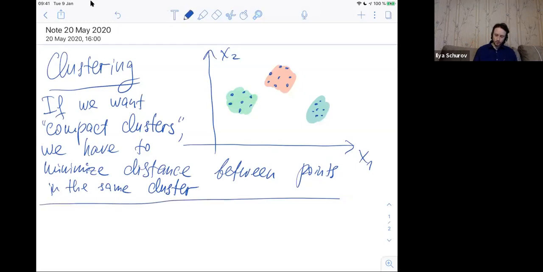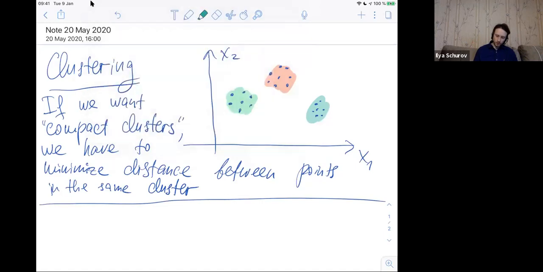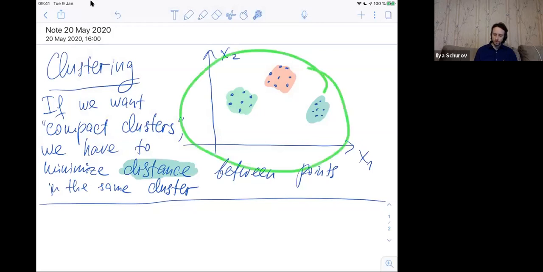So to proceed, we have to discuss this notion of distance between different data points. Actually, it is not as straightforward as it is on this picture, because basically we don't have any canonical distance in the spaces that we are working with.